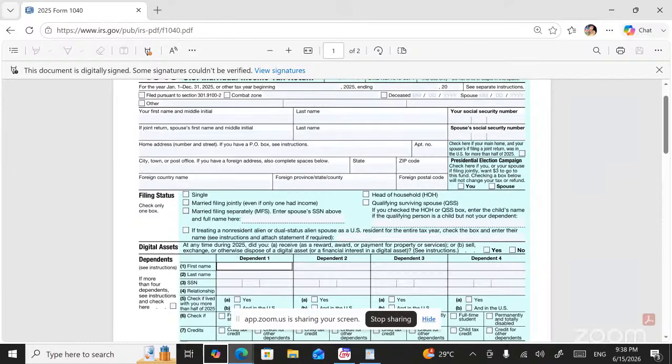We have 5 types of status given by IRS: single, married filing jointly, married filing separately, head of household, and qualified surviving spouse. All these will be covered in subsequent chapters, around chapter number 4.